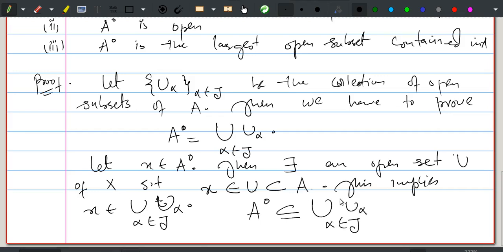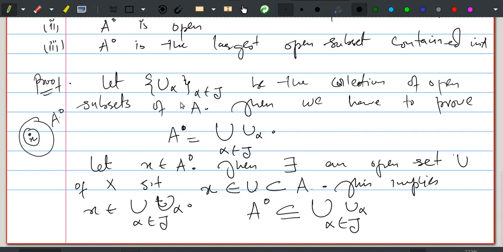Actually this is easy, because this is true for any x in A interior. If we pick any x here, for this x we have an open subset U which is lying in there. So this follows directly from the definition.